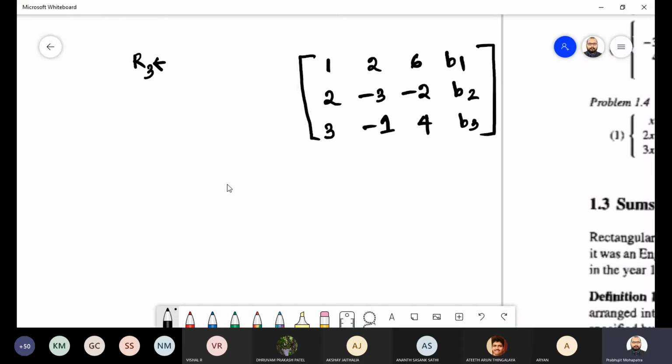So what procedure do we have to write? If it is looking the same, then you can have the same equation. So you can write row 3 as row 3 minus row 1 minus row 2.